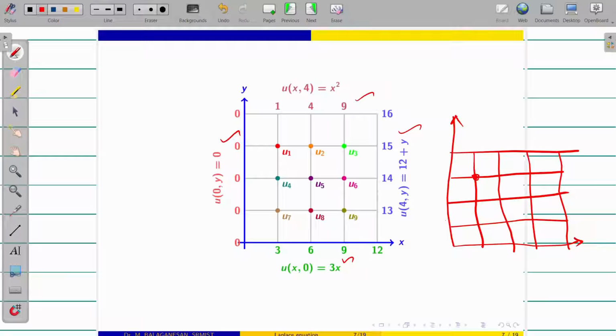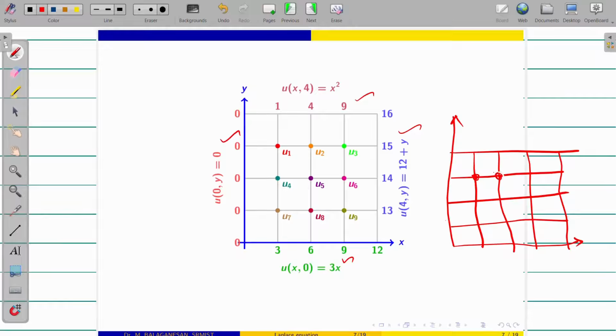Laplace equation is nothing but a two-dimensional heat equation in steady state. Two-dimensional heat equation means what? It will be a rectangular plate, sorry, a rectangular plate or a square plate. It is a square plate. So the boundary temperatures they have given.